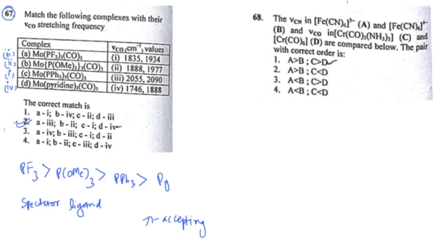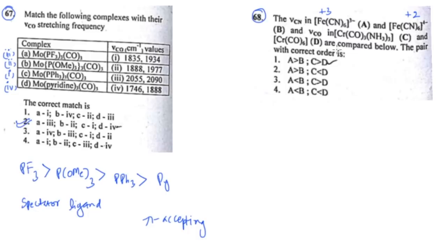Now let's talk about this particular question. It is also based upon frequency, but here we have to deal with CN bond stretching. In set A we have A and B, where in A iron is in +3 oxidation state, and in B iron is in +2 oxidation state.